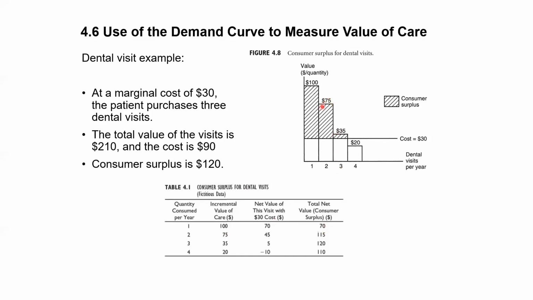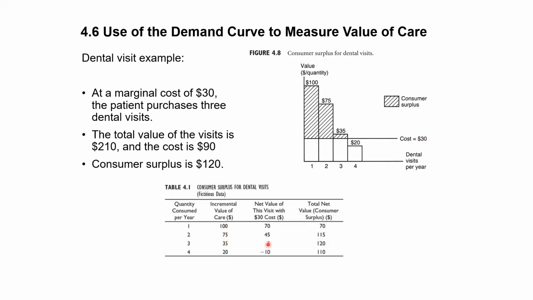Now, assuming that we have a second visit, and assuming that the second visit gives us a value of 75, so the value is decreasing. So this is the concept of marginal utility, or the principle of diminishing returns. So I have decreasing value on subsequent unit consumption of the same service. In this instance, from $100 it just became 75, but still you paid just $30.